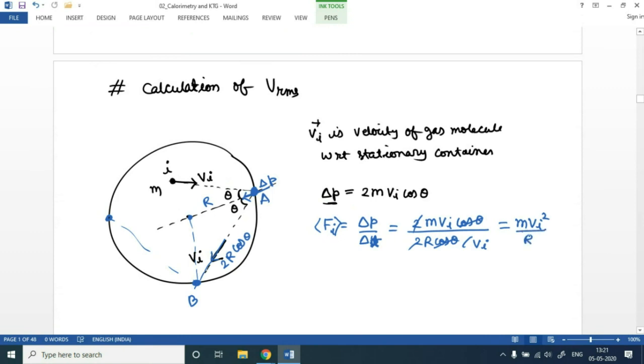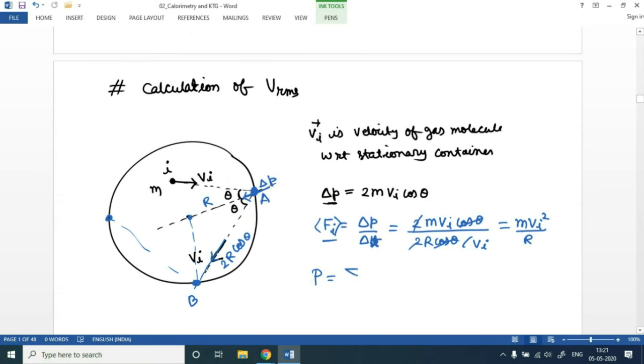Okay, so we are now interested in pressure, pressure due to the collision of all the molecules. This is the average force exerted by one molecule, and that is along the normal also. So pressure is nothing but the perpendicular force upon area.